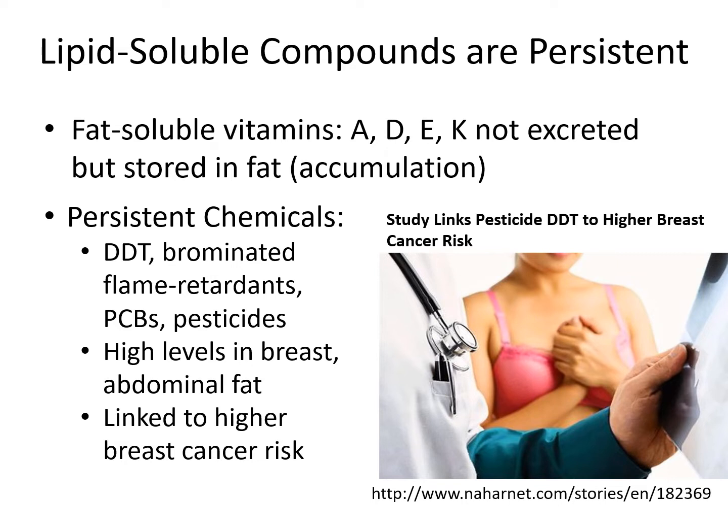I've given you a website here that explains the very strong links between levels of these different persistent chemicals in breast tissue and abdominal fat and cancers. In the notes of this slide that I gave you, there are also some other examples of pretty nasty stuff that has happened because of these persistent chemicals ending up in your body.